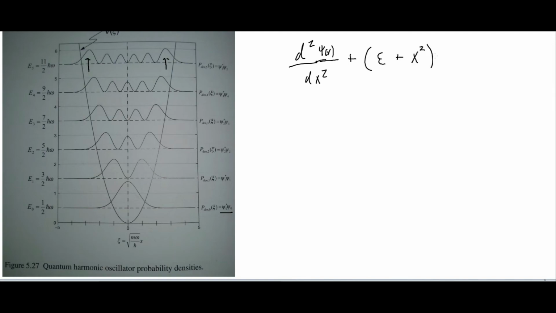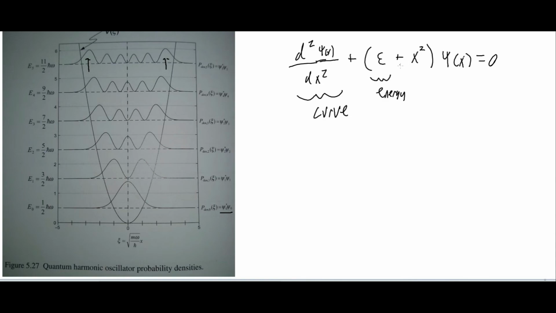It was xi when we talked about it before, but I'm just using x to make things simpler. We said that this was the curvature of our wave function, and that the curvature increases as the energy increases. So this was our energy term here, and you see that as we go to higher energies, we are getting this higher frequency here.